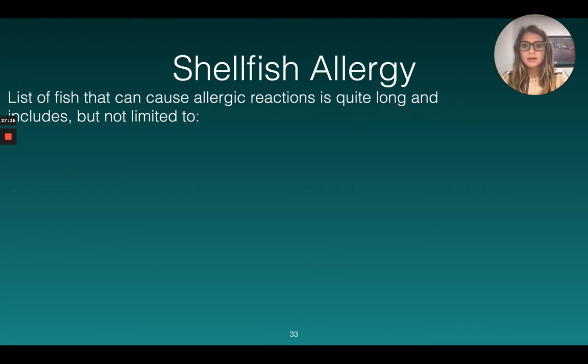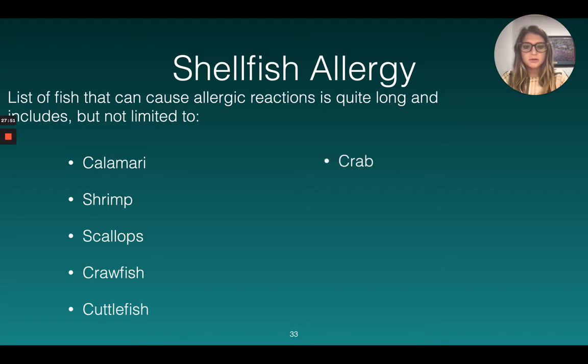And again, the list of shellfish is quite long, so I only included some of them, but there are more obviously that can cause a reaction. So the first ones are calamari, shrimp, scallops, crawfish, cuttlefish, crab, lobster, oysters, prawns, and squid.